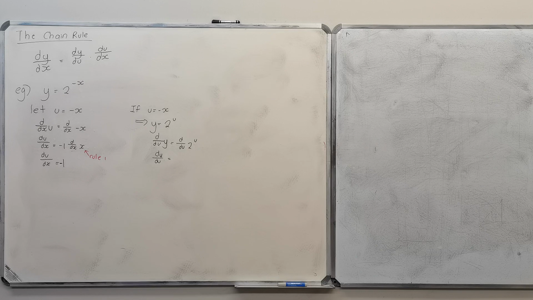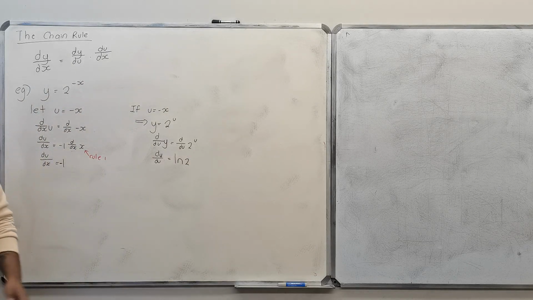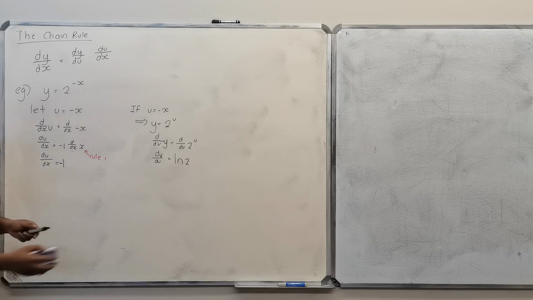Number 6. Number 6 says d over dx of a to the power x is equal to a to the power x times ln of a. Actually, you lied to me. It's actually a to the power x times ln of a.